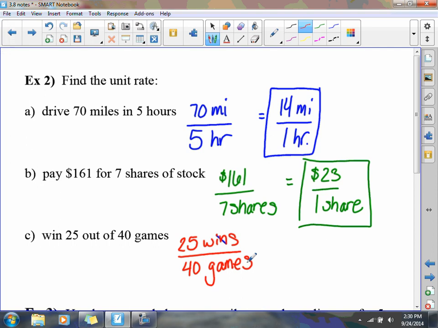So this probably could still be interpreted as a ratio. But since it's a rate, we'll keep our units different here. And we do want to reduce again. We can divide both of them by 5. So we'll end up with 5 wins for every 8 games that we played.